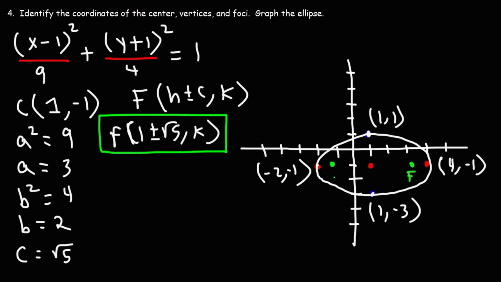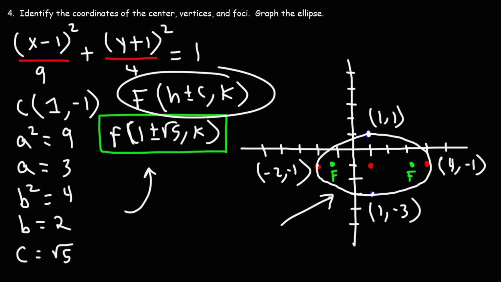So that's approximately where the two focal points will be. But this is what you would report as your answer for the coordinates of the foci. So anytime you have a radical, it's going to be hard to identify the points using the graph. You need to use this expression. So that's why I want you to learn how to use it, because you're going to need it for some problems.